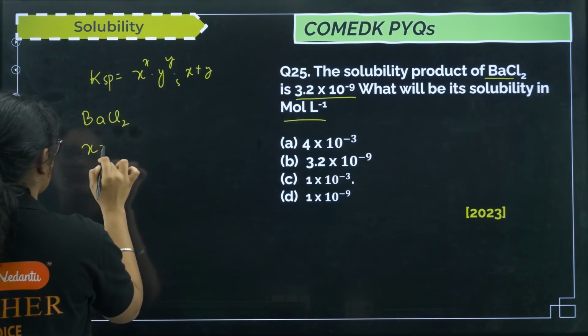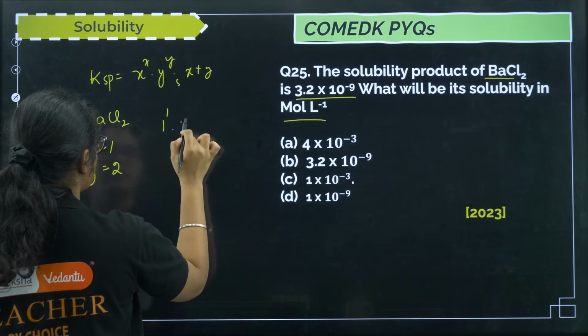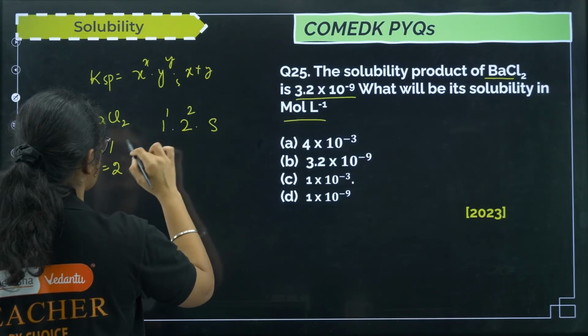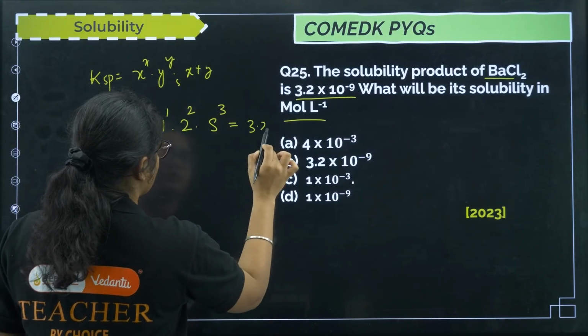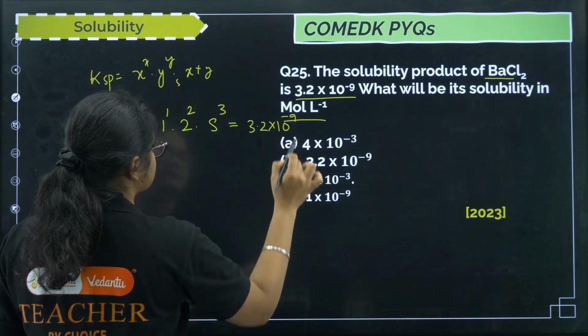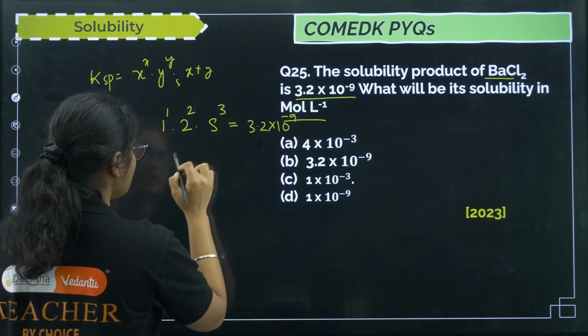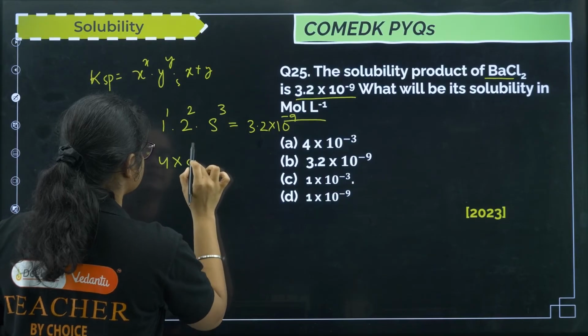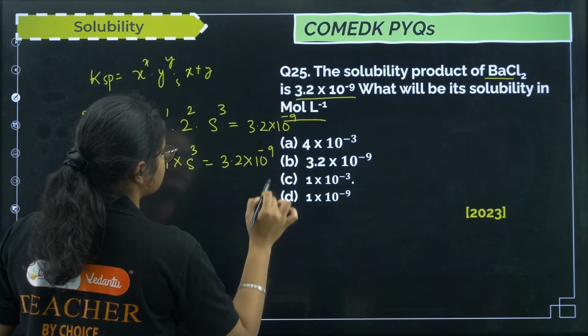Here x is equal to 1, y is equal to 2. So I can write 1 to the power of 1, 2 to the power of 2, s to the power of 3 is equal to 3.2 into 10 to the power of minus 9. So now we will have 4 s cube is equal to 3.2 into 10 to the power of minus 9.